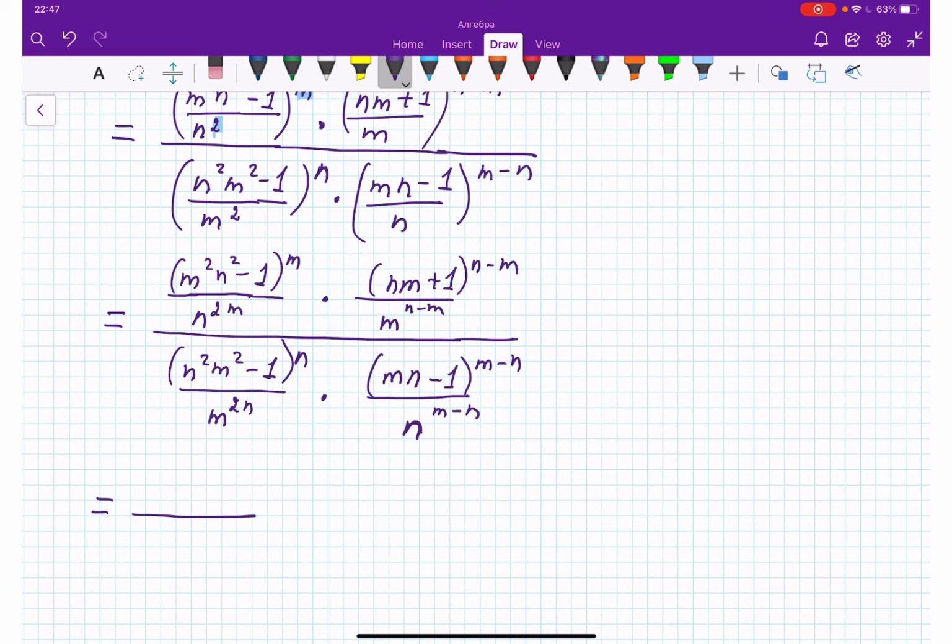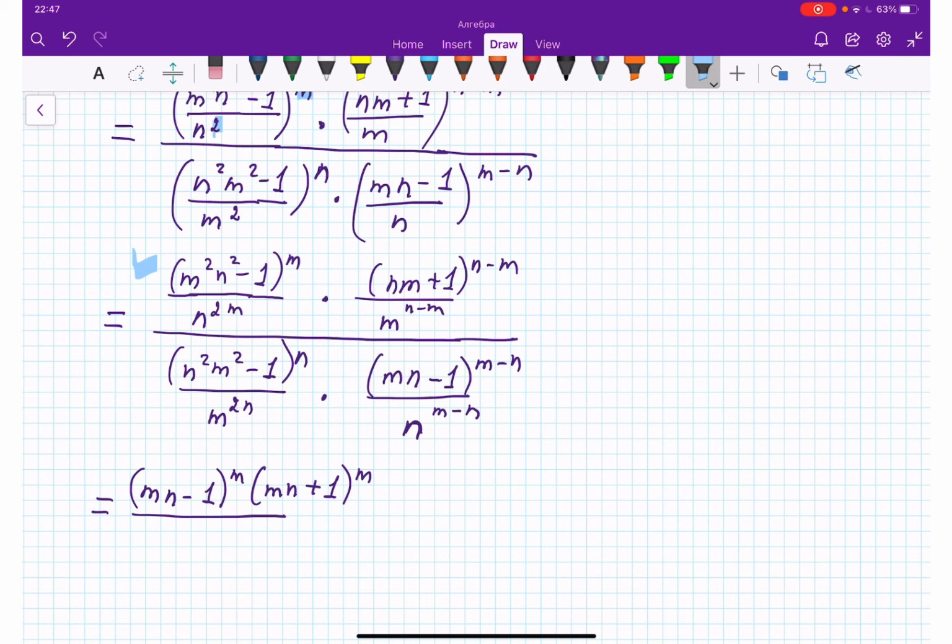Now I see something I can open. In the numerator, m² n² − 1, I'm going to open it up. It's going to be (mn − 1)^m times (mn + 1)^m.